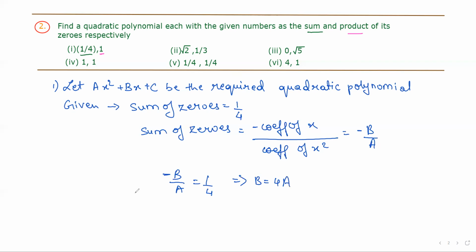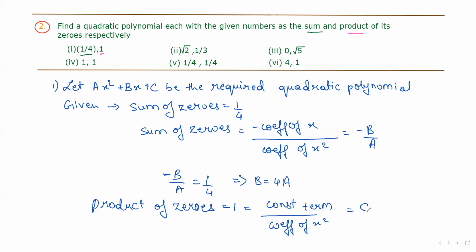Now, we are also given the value of product of zeros. So, product of zeros is equal to 1. Product of zeros means multiplication. Also, we know that product of zeros is equal to constant term upon coefficient of x squared.